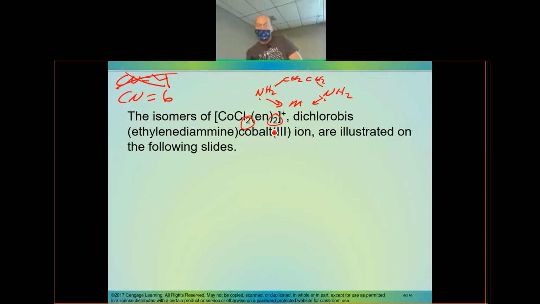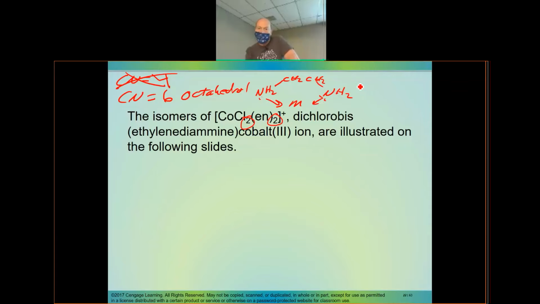It looks like 4. It is not 4. Ethylene diamine, each one has a coordination of 2. And so your coordination number is 6, and this is octahedral. All right, and then your ethylene diamine, those are neutral, and that is a 4 electron neutral.